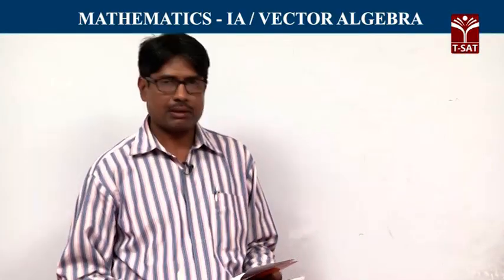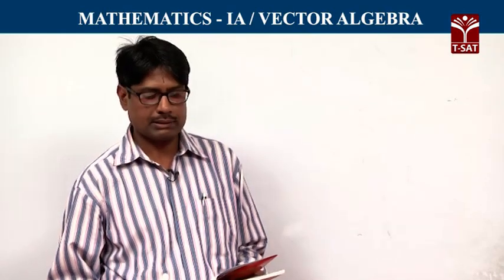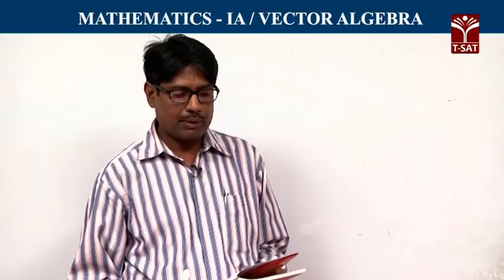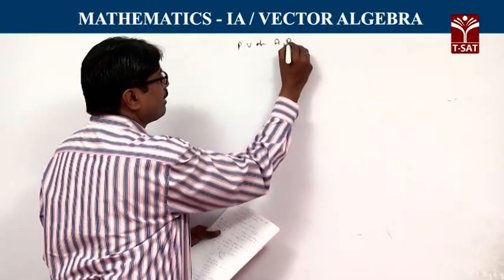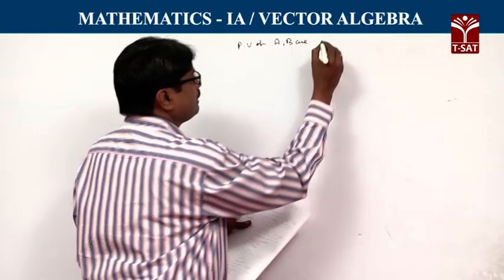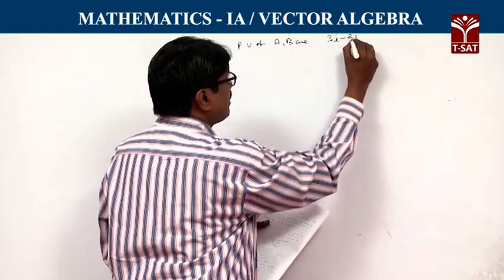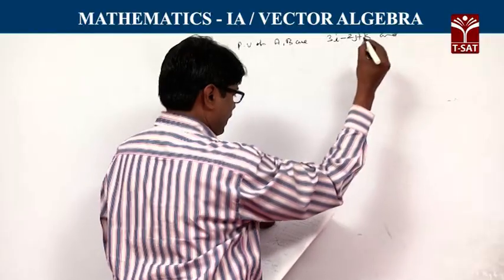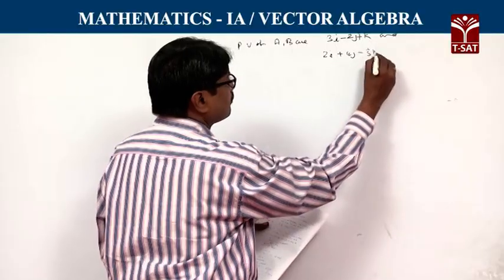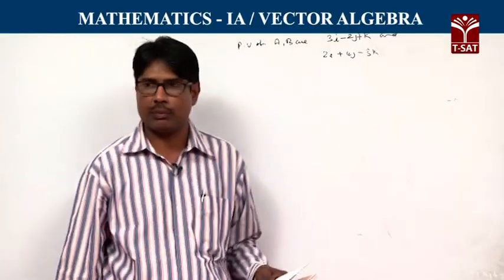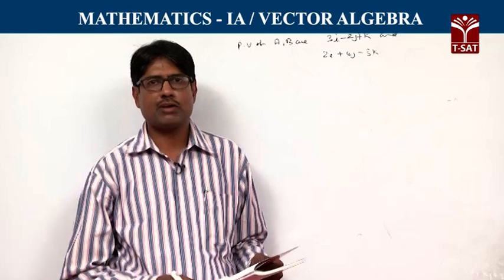So, now take another problem. If the position vectors of A and B are 3i bar minus 2j bar plus k bar and 2i bar plus 4j bar minus 3k bar, which are position vectors of two points, then find the length of AB bar.